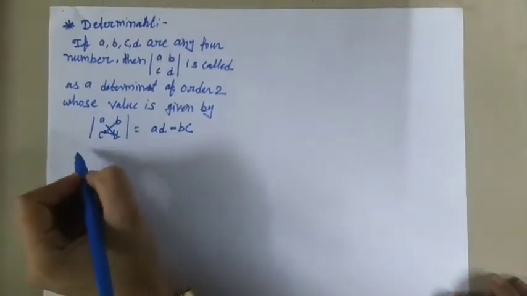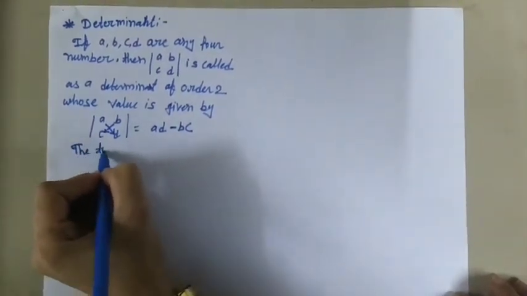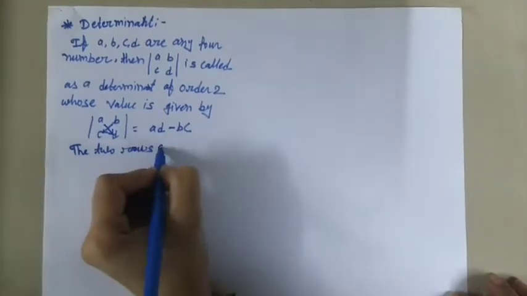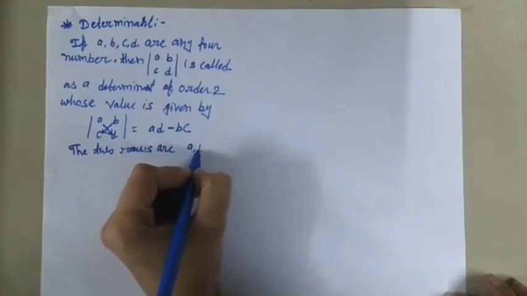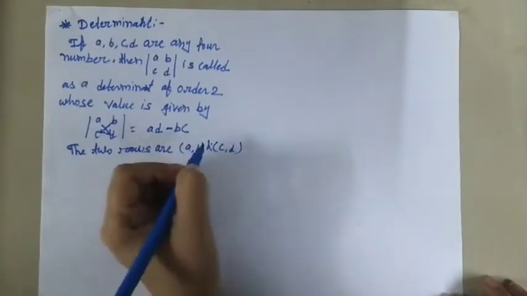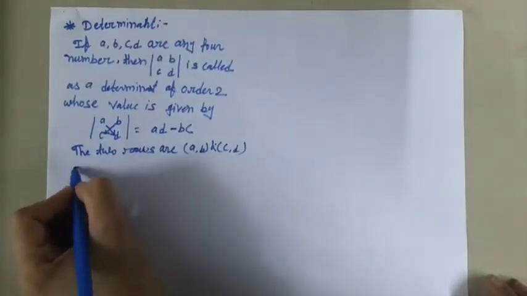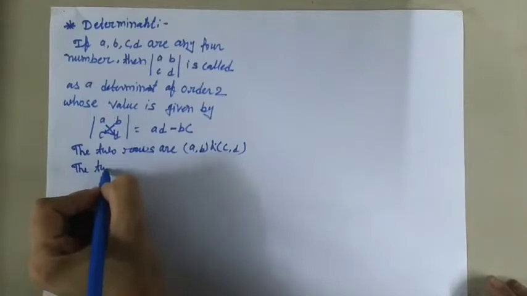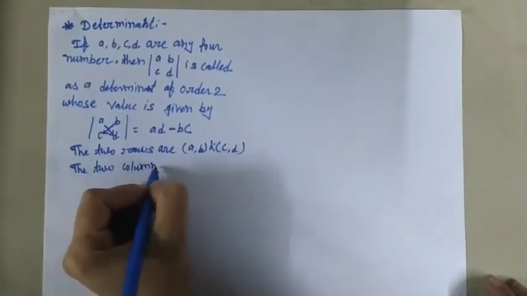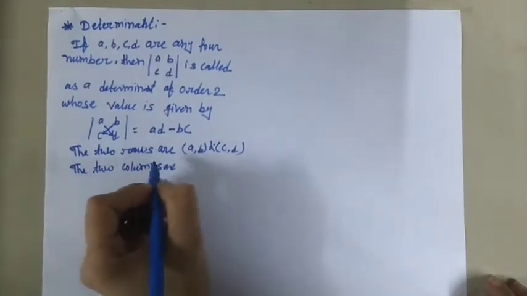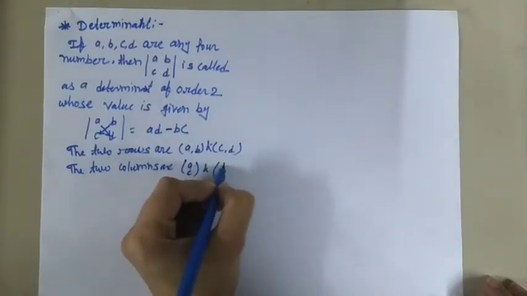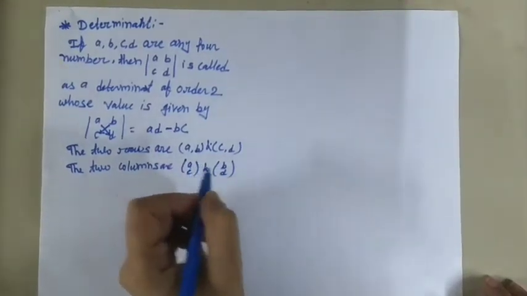The 2 rows are (a, b) and (c, d), and the 2 columns are (a, c) and (b, d).